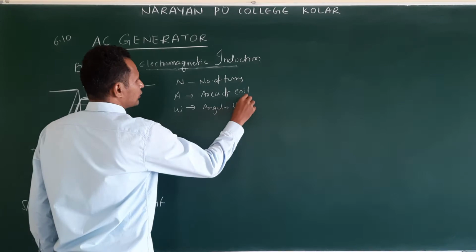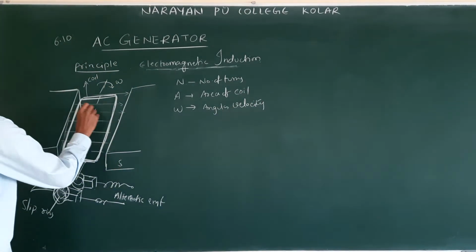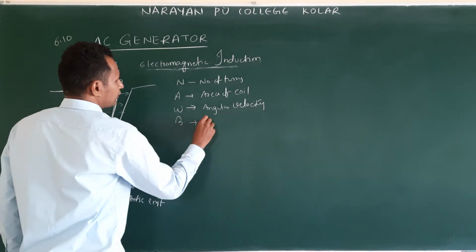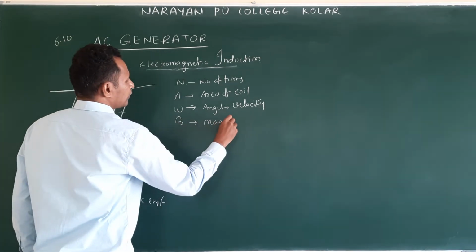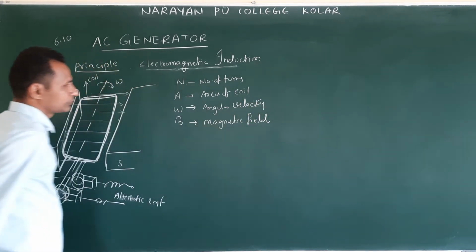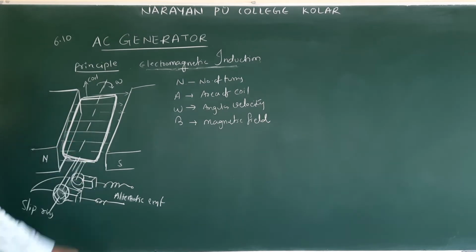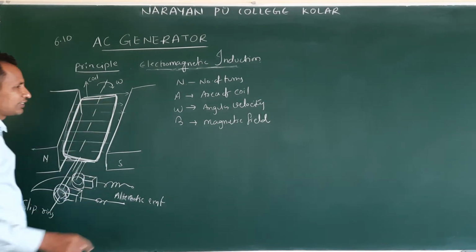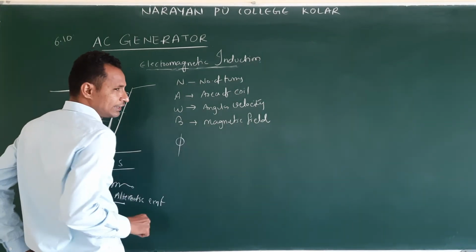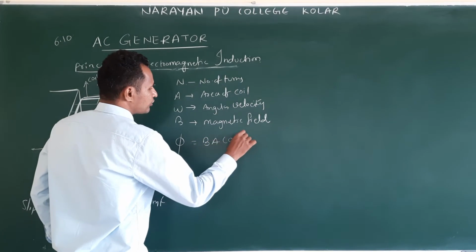B is the magnetic field. Clear? Flux linking with this coil, one area is there, right? So the flux linking with this coil, how do I write? Phi is equal to BA cos theta.